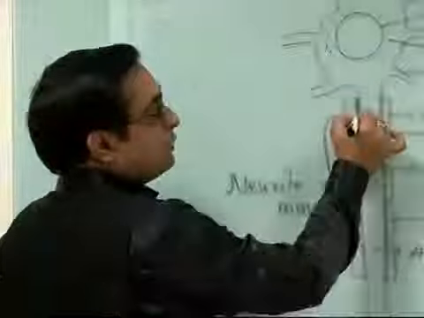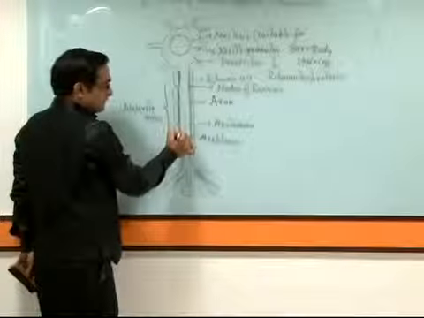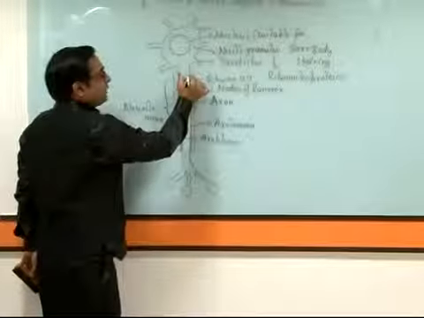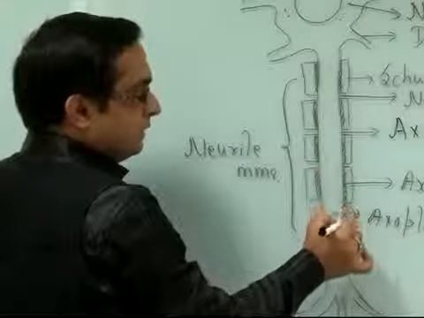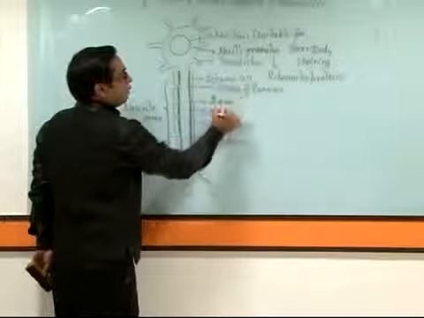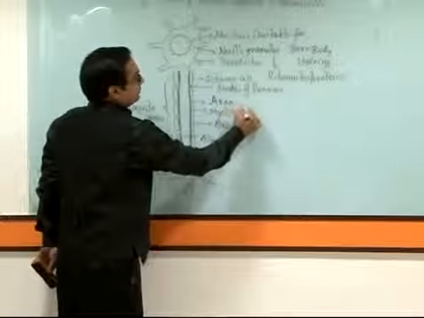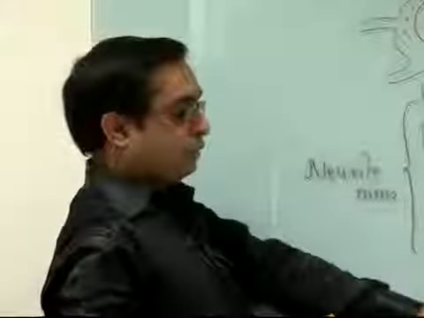Right? So the outermost layer will be neurilemma, which is the sheath of Schwann cells. Below neurilemma, we have myelin sheath, which acts as an insulator. Those areas where myelin sheath is absent are called nodes of Ranvier. Right? So this is the basic structure of a neuron.